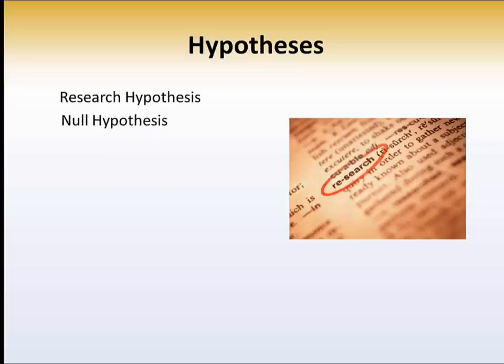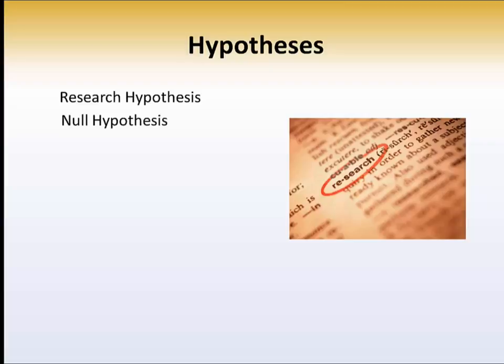Alternatively, there is the null hypothesis, and this is the hypothesis that's actually tested with statistics. The null hypothesis says there is no relationship between X and Y. That's to say, there is no relationship between physical activity and your blood pressure. It's the null hypothesis that's actually tested statistically.